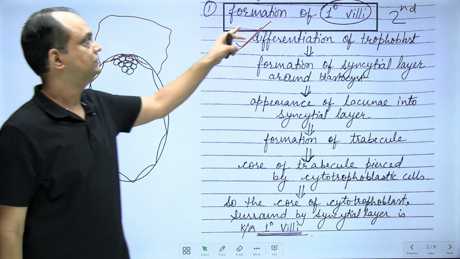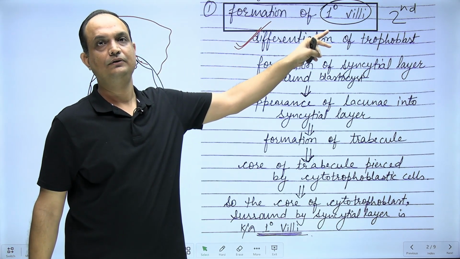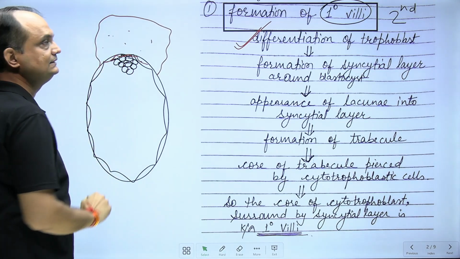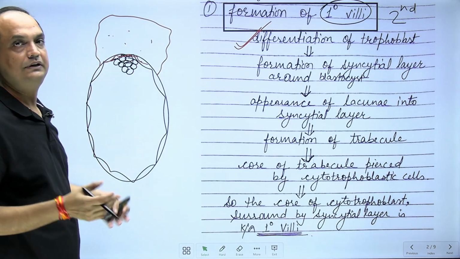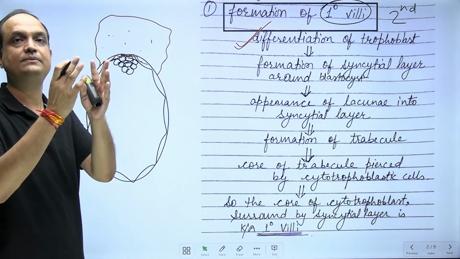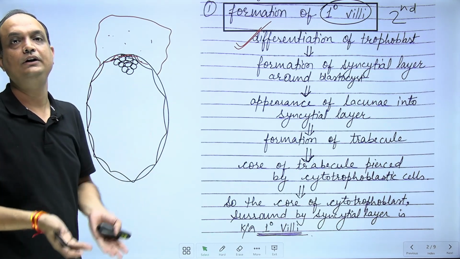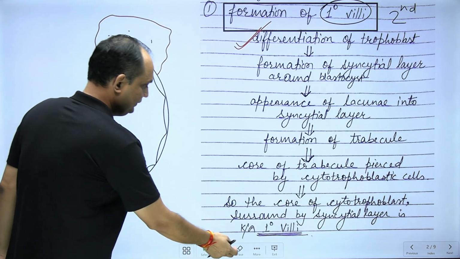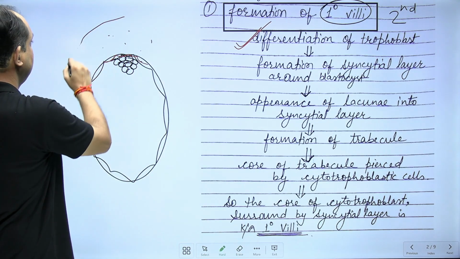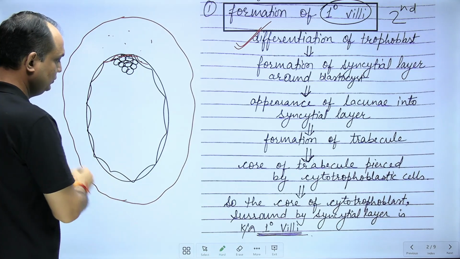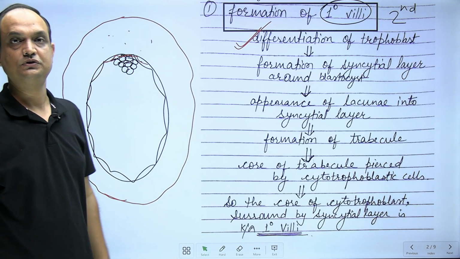Now, for the formation of primary villi, first this syncytial layer has to increase in size. The syncytial layer will release enzymes. These enzymes will damage the decidua and more invasion will take place. So, with time this syncytial layer will increase in size and enclose the whole developing blastocyst.